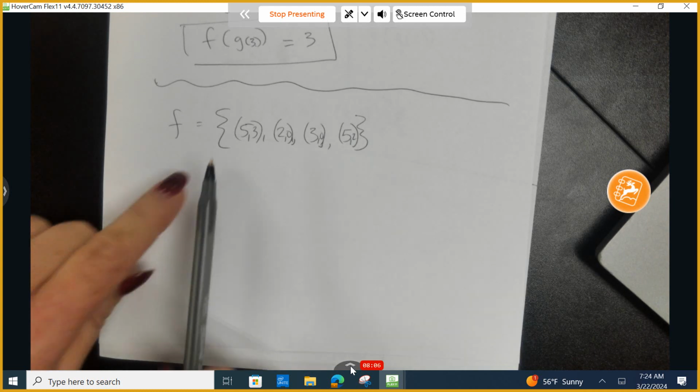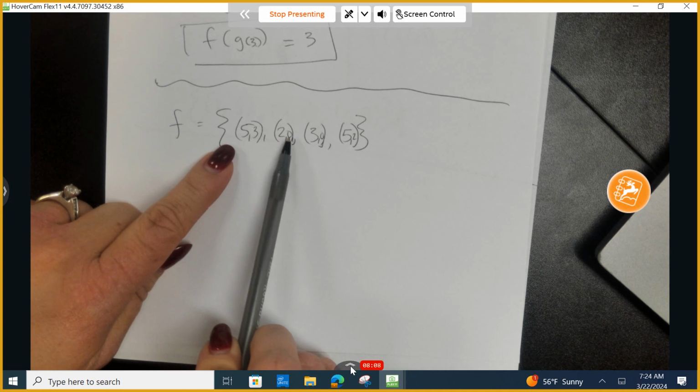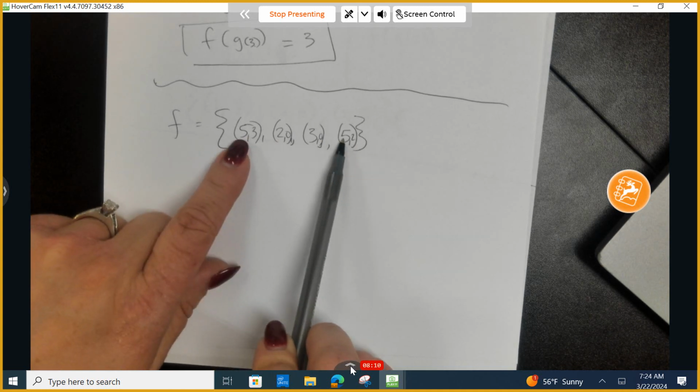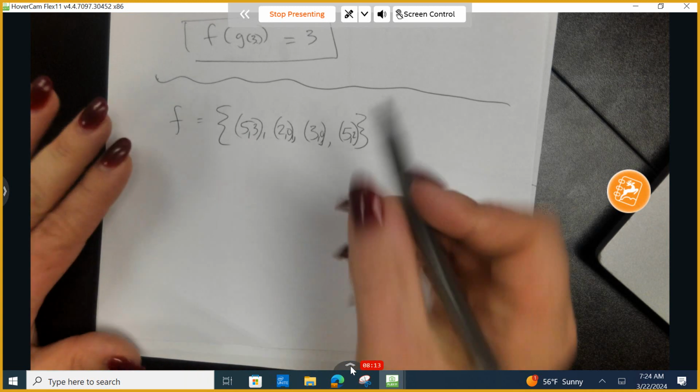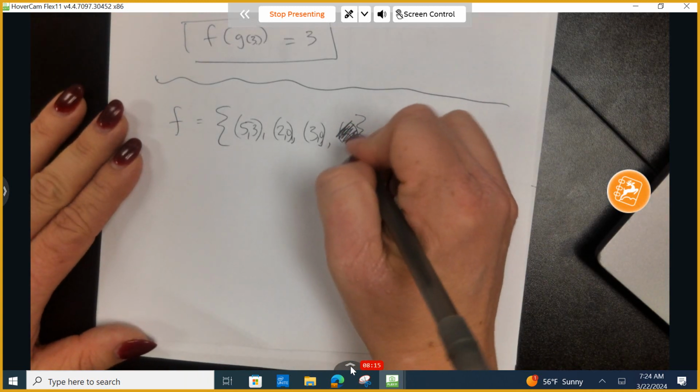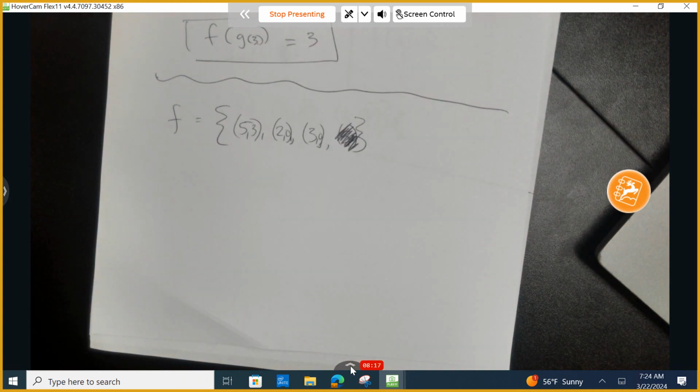The first thing I do is I look at the x's. If they ever repeat themselves, which they do right here, they have to be mapped onto the same number. This is not. Okay, let's change this up. Is this now a function? It is a function. We have 1 x that maps onto a maximum of 1 y. Okay, we're good. Is it considered a one-to-one function? Turn to your partner. Why is it not considered one-to-one?